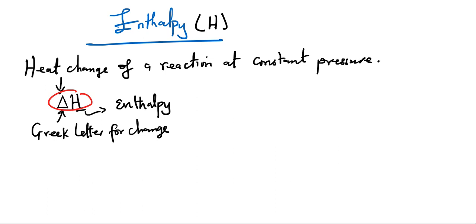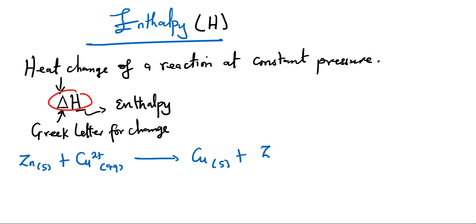All right, so a typical example of a reaction that we can describe as enthalpic change is a reaction between zinc solid and copper 2 aqueous to produce copper solid and zinc 2 plus aqueous.